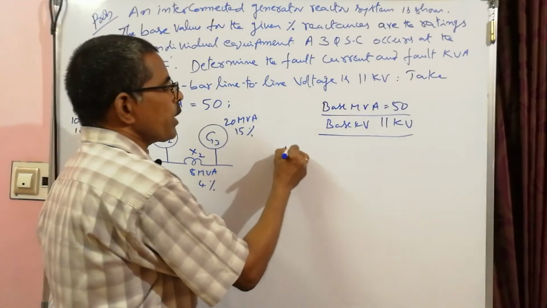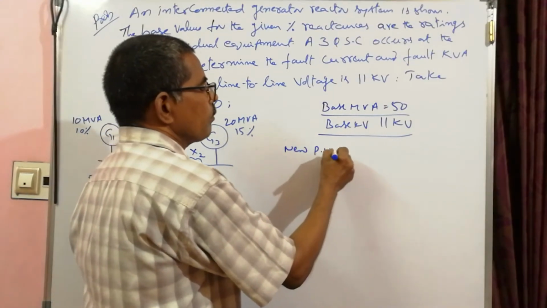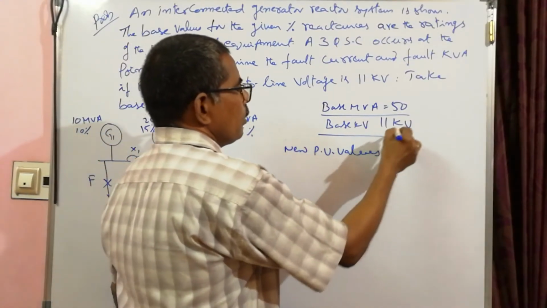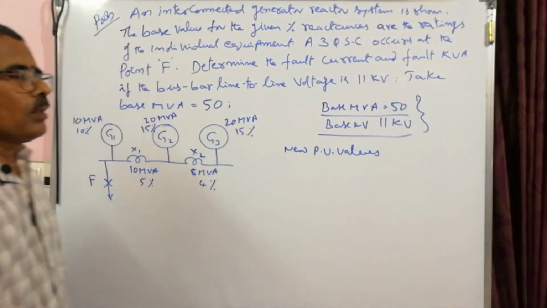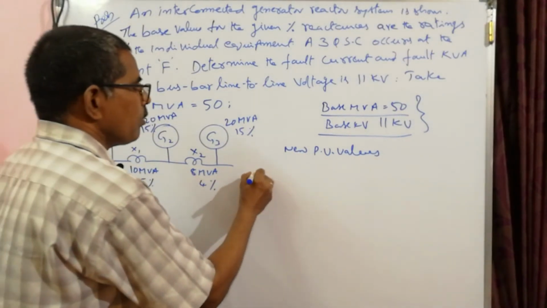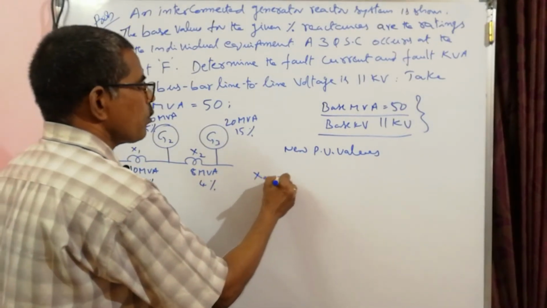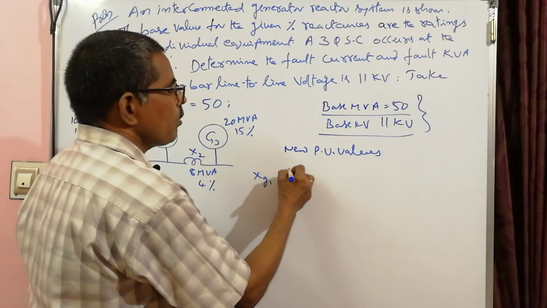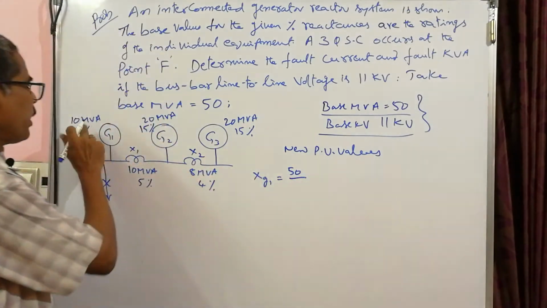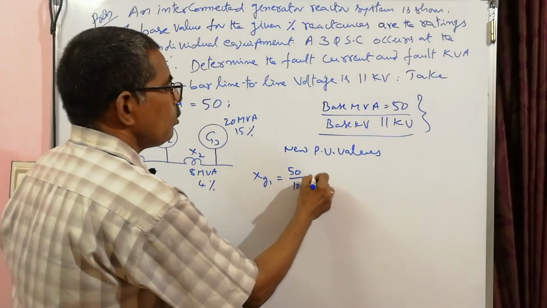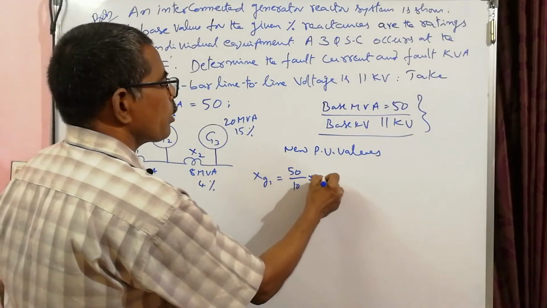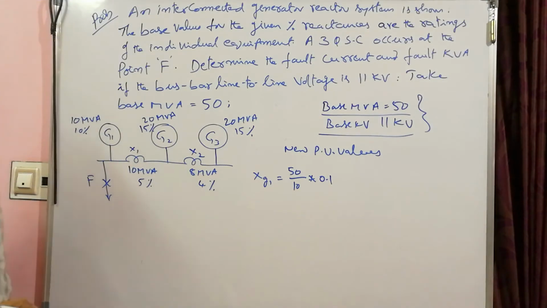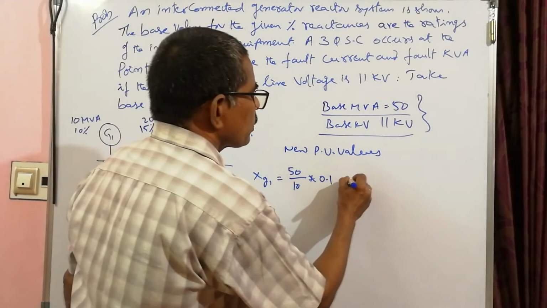Now obtain new per unit values based on this. Xg1 is 50 by 10, new MVA by old MVA, into reactance 0.1. Calculate this.